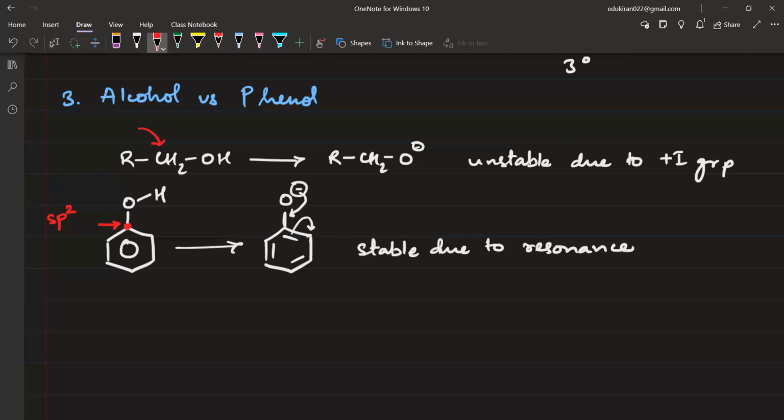And this carbon atom here, it is sp3 hybridized. Now the important thing about sp2 is sp2 is more electronegative. So rather than giving electrons towards the oxygen atom, it can pull electrons. If the sp2 carbon pulls electron from the oxygen atom, the oxygen will pull more electron from the hydrogen, making this bond more and more polar.